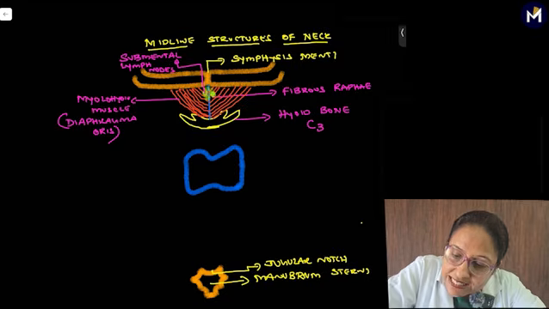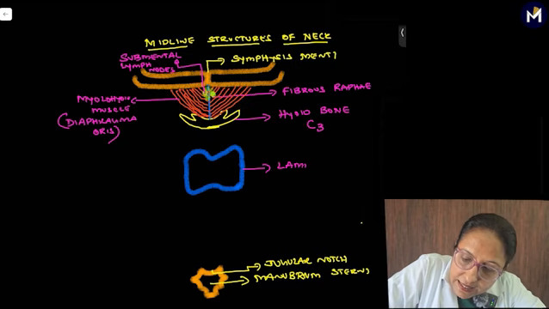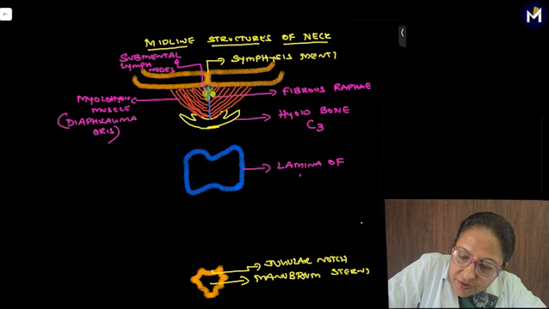So first let us label this as lamina of thyroid cartilage.